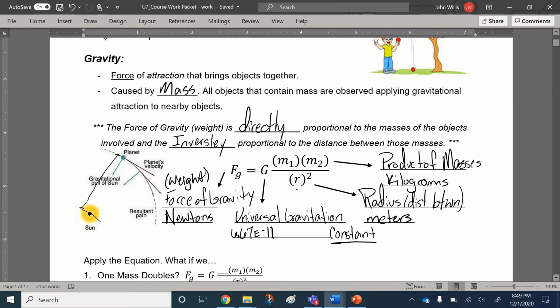Your units here are going to be a Newton multiplied by a meter squared per kilogram squared. And I bring that up only because if you look at the units of that constant, you've got kilogram squared in your denominator here with G, and kilogram squared up in your numerator with the product of those two masses. And so those will cancel out.